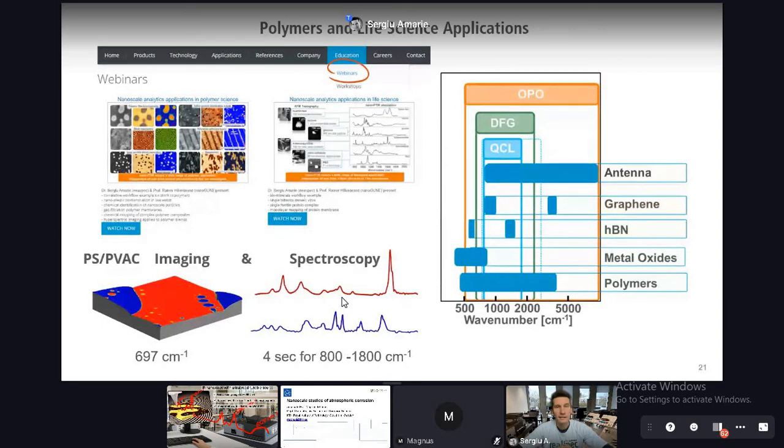So why is that? First of all, it's because the spectral range of that laser is much narrower, so you can focus much more power on the specific vibration over here. But also the light source is much more powerful per each wave number compared to other OPOs. So that might be the reason.